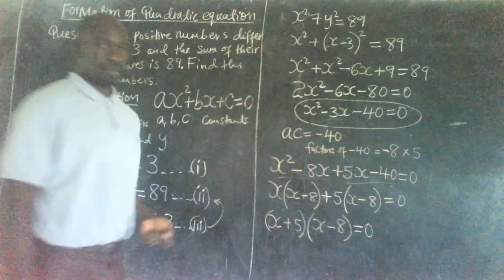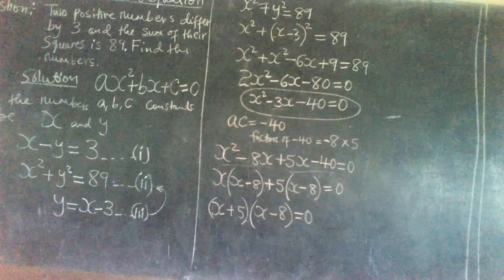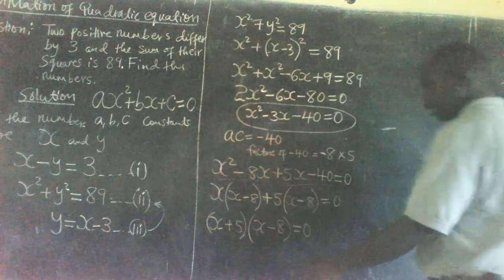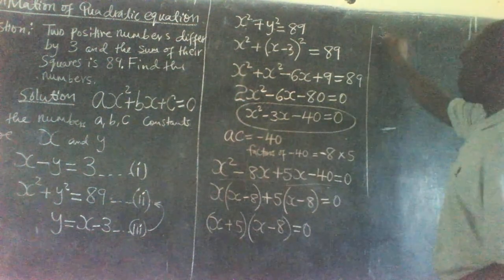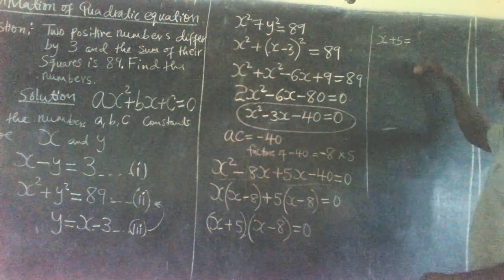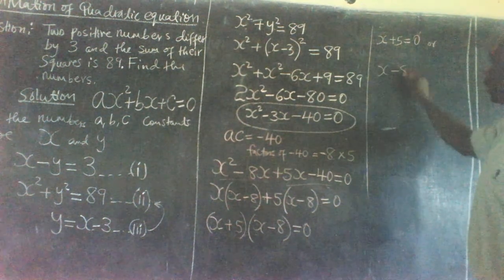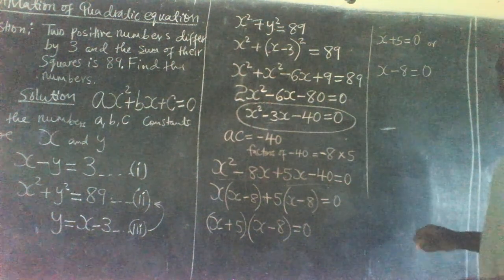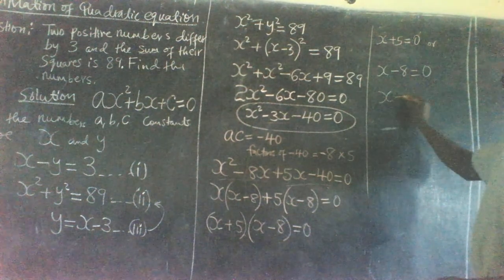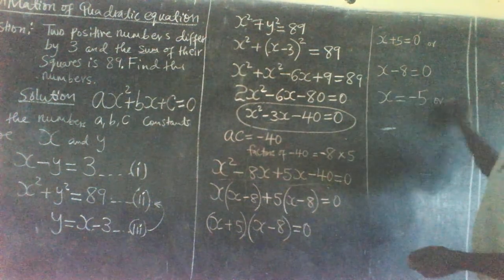From that point, it simply means x plus 5 is equal to 0 or x minus 8 is equal to 0. x plus 5 equal to 0 means x will be equal to minus 5, and the other one, x will be equal to 8.